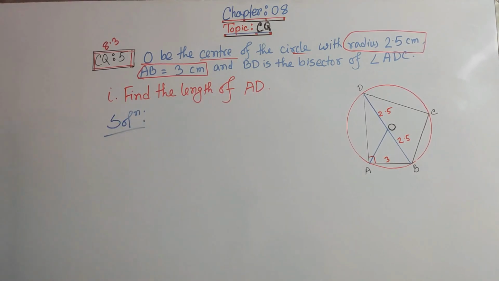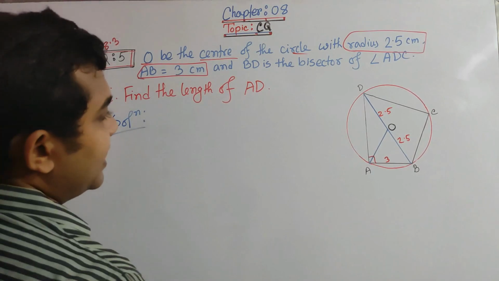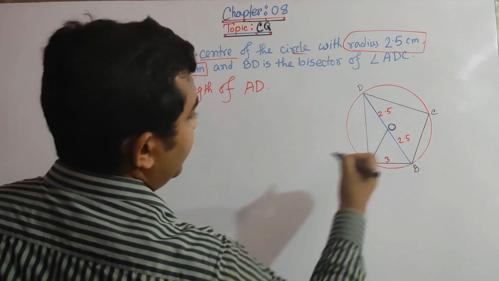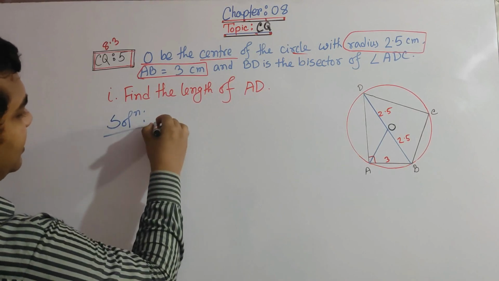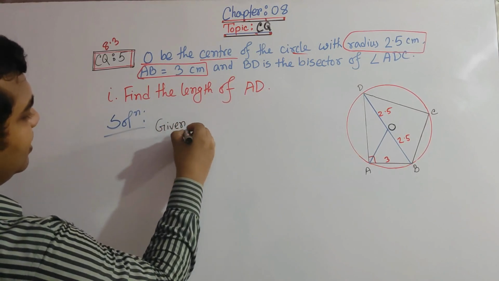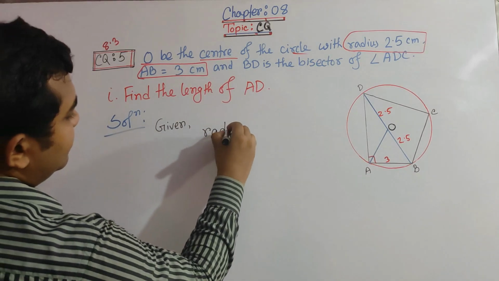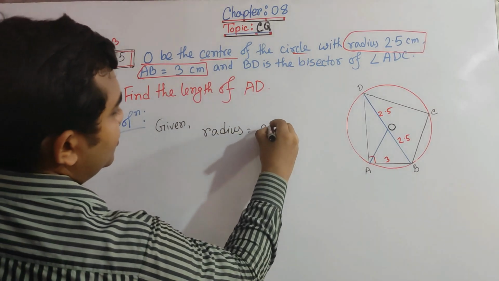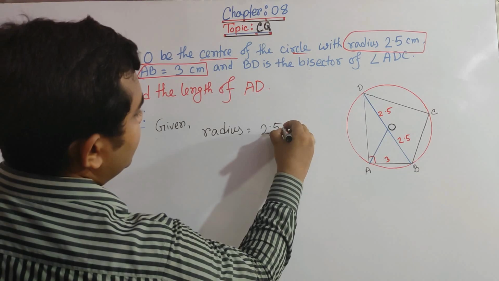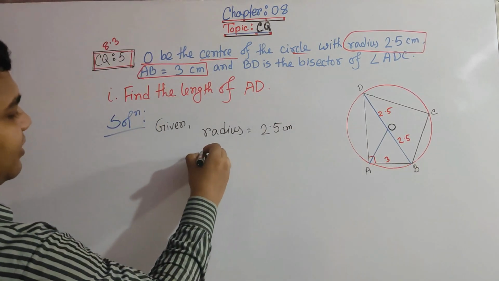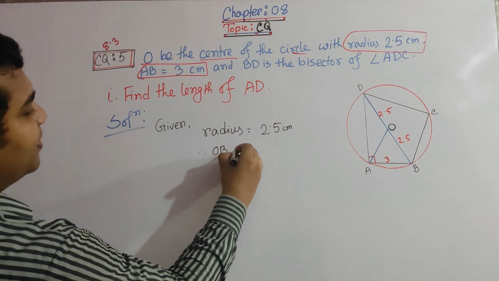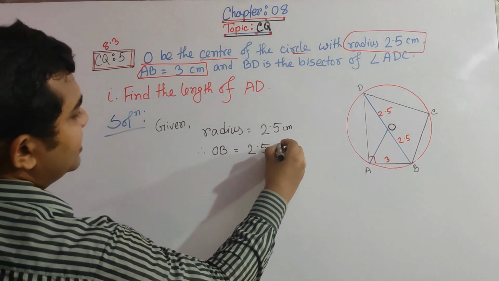Solution: here OB is the radius, and the radius is given as 2.5 centimeter. It's our assumption that this is OB.